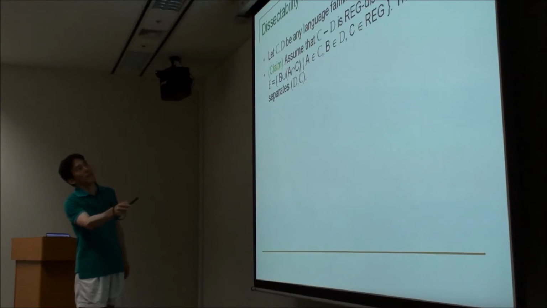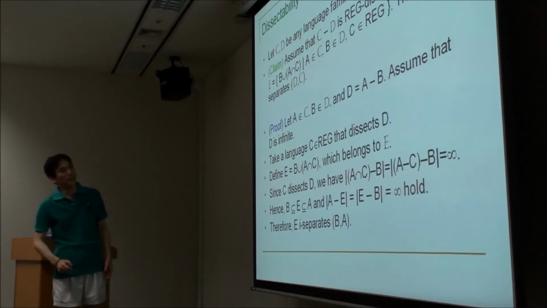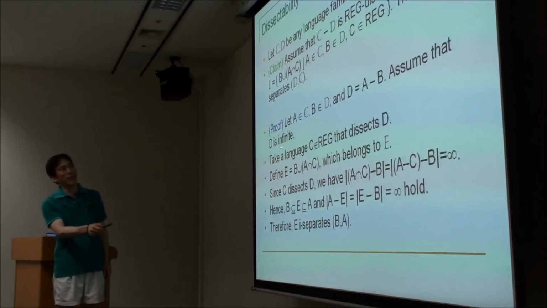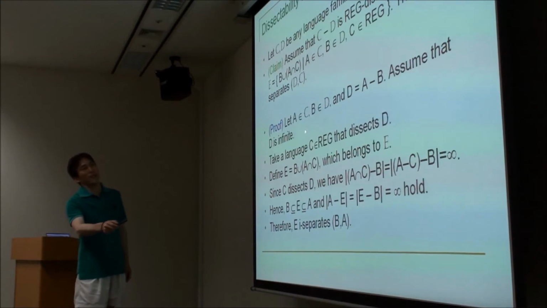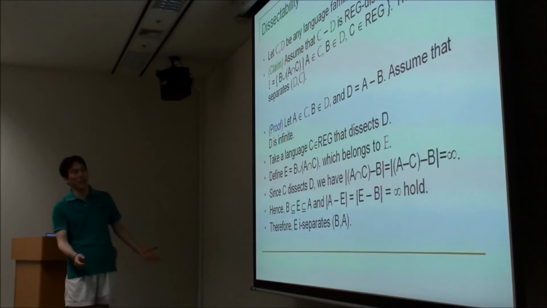This is slightly complex, but it is actually needed if you look at the proof. Suppose we have A and B taken from C and D respectively, and let D be A minus B. Assuming that D is infinite, then by the assumption of dissectability we can always find a regular set C so that C dissects D. Now we define set E, which appeared here, so that this set belongs to E by definition.